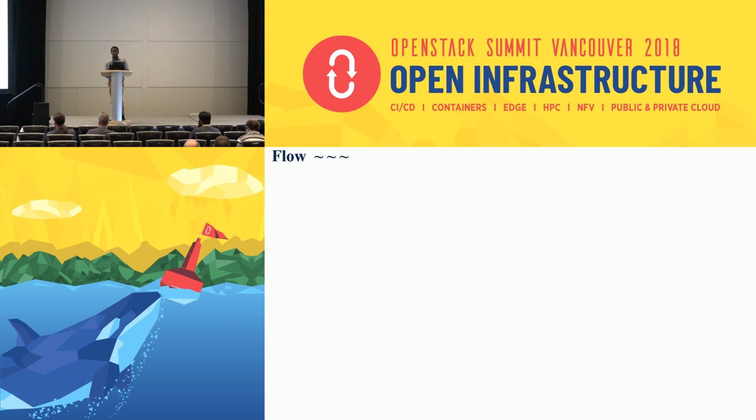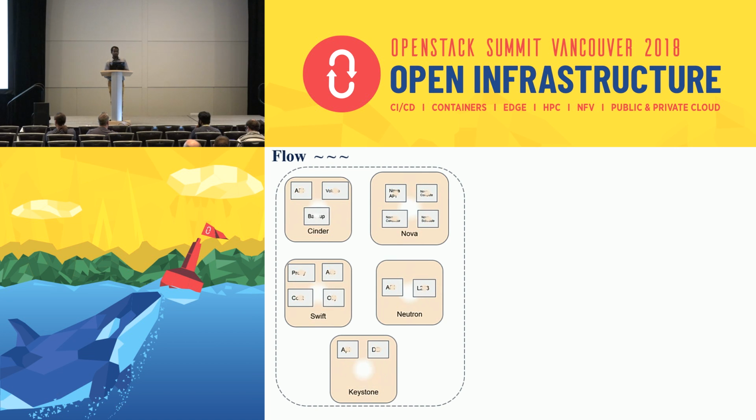Here we can see the flow. Initially we have a non-containerized cloud with multiple services, and now suppose we want to migrate the Nova service to the container one with the help of Kolla. Then what can be the possible steps here?